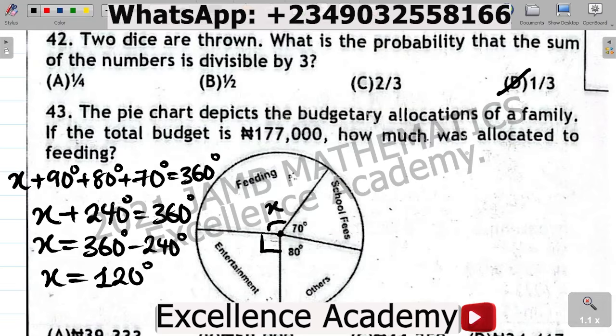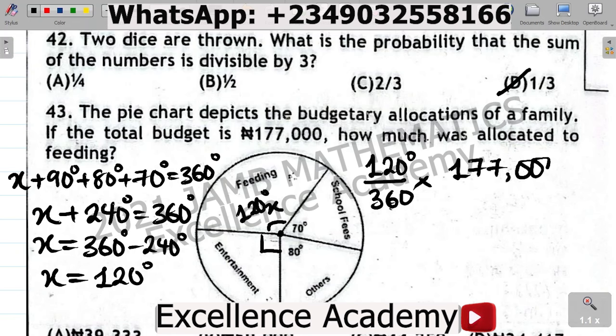Now, how do we get how much was allocated to the feeding as asked in the question? To get the amount allocated to the feeding, all we have to do is take this angle here, which we've gotten as 120 degrees. So it becomes 120 degrees all over the total angle, which is 360, times the total budget or allocation, which is 177,000.